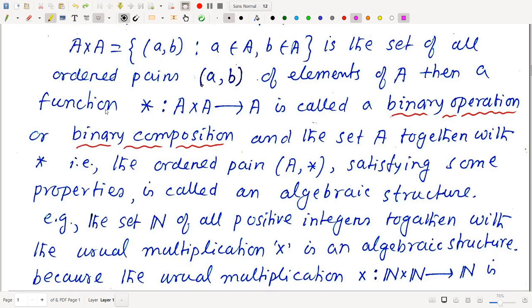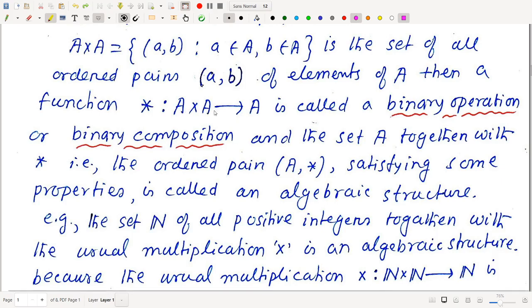Then a function star, instead of f, g, h, we are denoting by star. A function star from A cross A to A, Cartesian product A cross A to the set A itself, is called a binary operation or a binary composition.